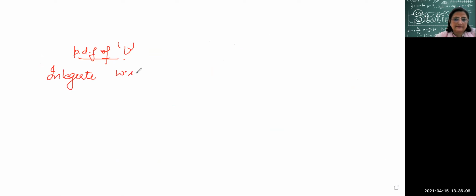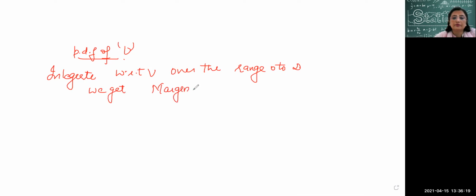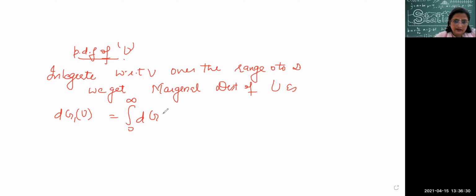Integrate with respect to v over the range 0 to infinity, and we get the marginal distribution of u as this: integration 0 to infinity of the joint, integrated with respect to v.